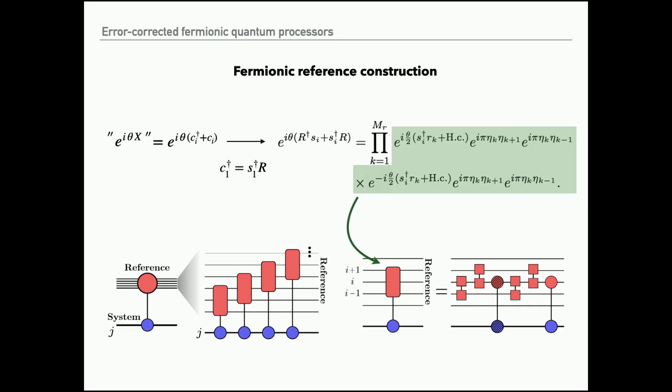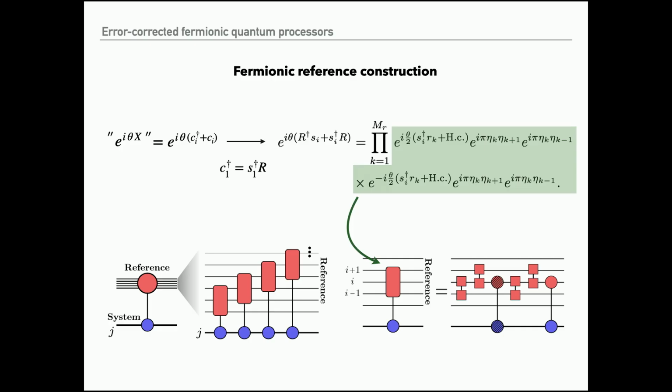It turns out that if you want to do one round of error correction, the number of gates you have to run is extensive in system size, because of the inherent many-body nature of this operator R. One decomposition is a sequence of gates that runs through this reference system, looking for the domain wall, meaning where the last occupied mode is. Once it detects the occupied mode, this blue circle means you tunnel it into your tweezer.